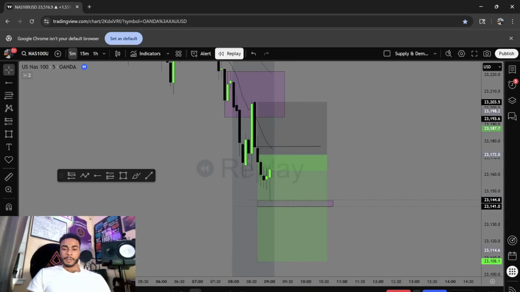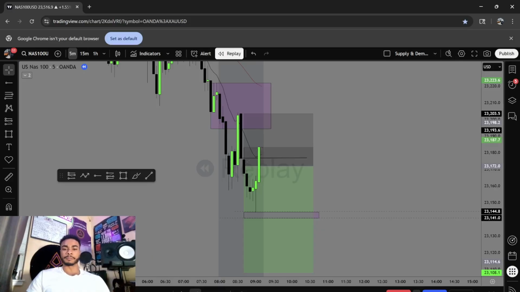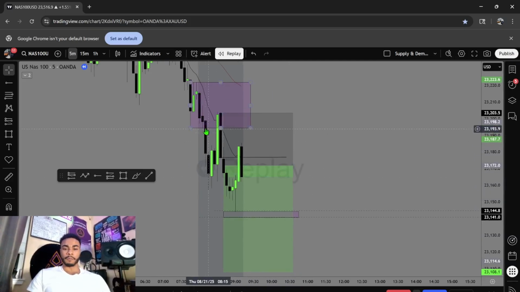So from here, price began pushing back to drawdown, basically past break even, went back to drawdown, and basically we're just consolidating in that area. Here we still have good price action. We got a high, a lower high, we have a low, another lower low.